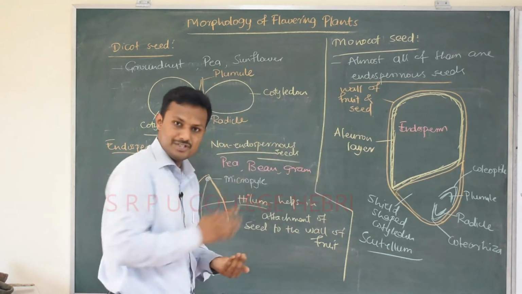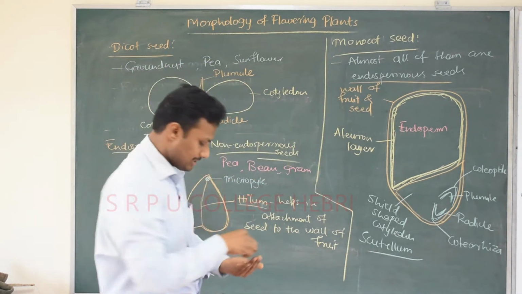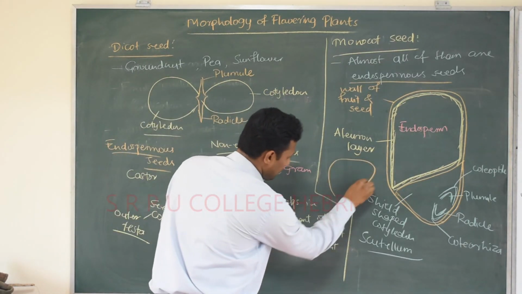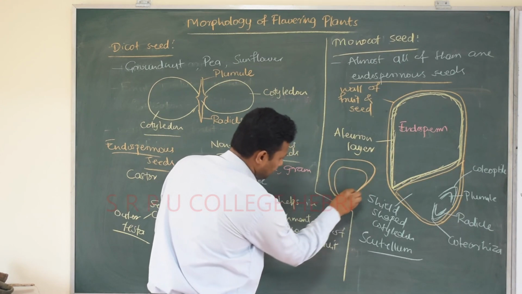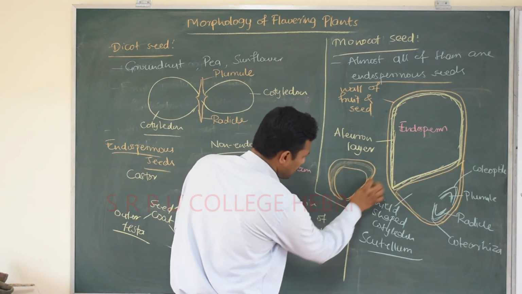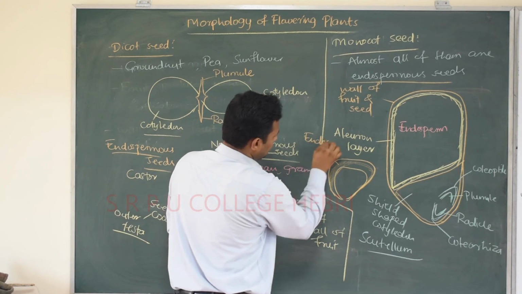See, the same seed, when you take the cross section or vertical section, looks somewhat like this now. See, let us take the maize seed as an example. Maize seed looks somewhat like this, right? And here this is completely the endosperm. This is nothing but the endosperm, right?